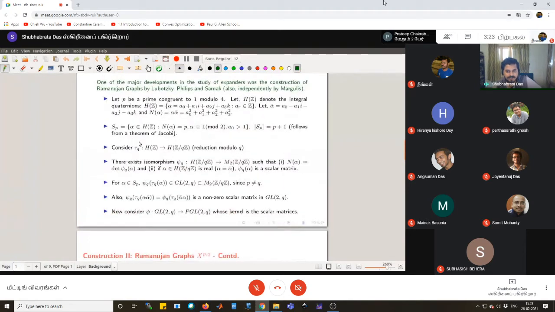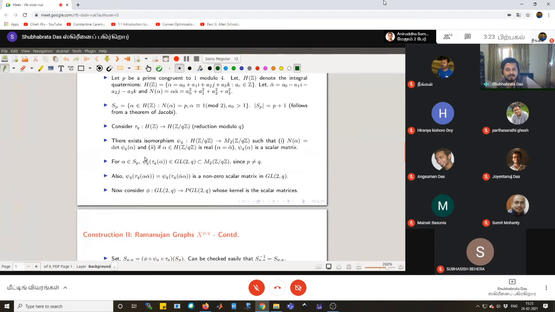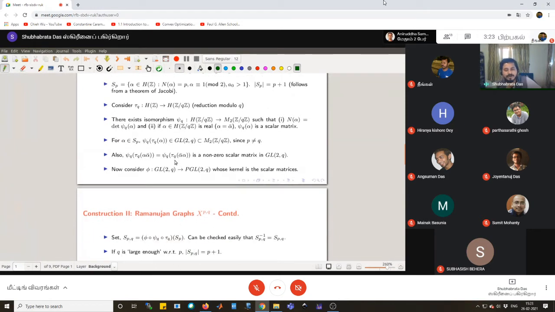We project this SP inside PGL2Q, and that set we call SPQ. Since SP is a symmetric set, we can easily check that SPQ we obtain this way also remains a symmetric set.